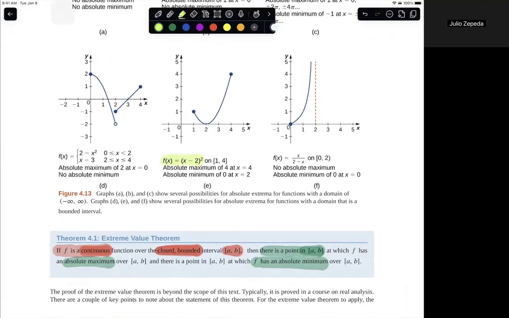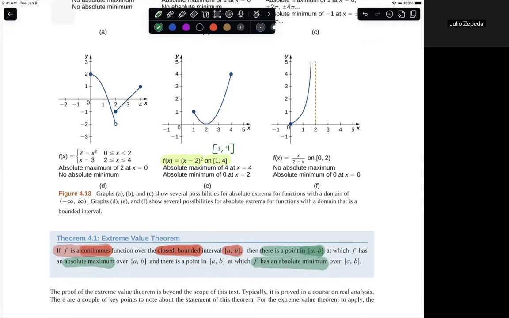And if it's constrained to the interval from 1 to 4, notice that that is a closed interval, since we have these square brackets, and it is bounded. It is not infinite. It is bounded by the numbers 1 and 4. And so the extreme value theorem guarantees that there must be an absolute maximum and absolute minimum.